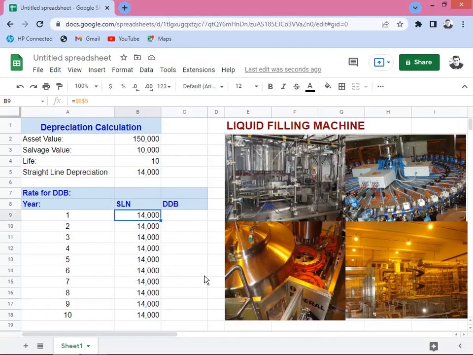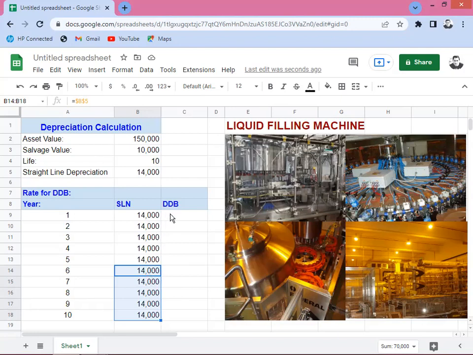So this is what you call straight line depreciation. Even if the machine is already old, let's say on the sixth year, seventh, eighth, ninth, and 10th year, the depreciation is still the same, because you are following the straight line depreciation method.